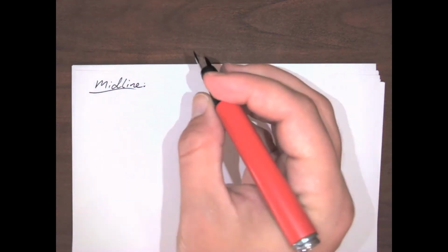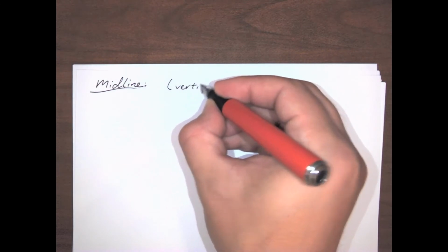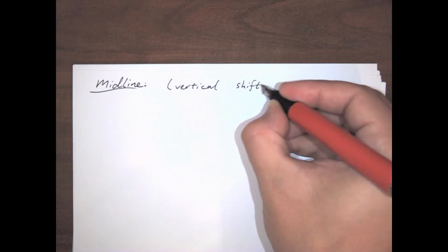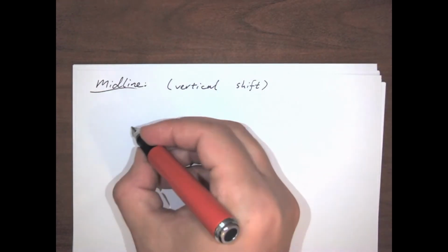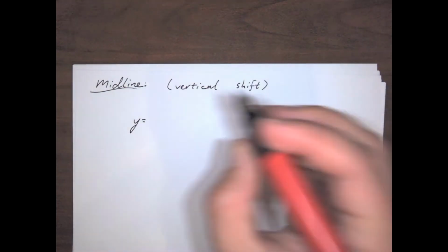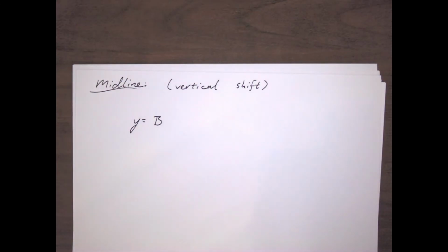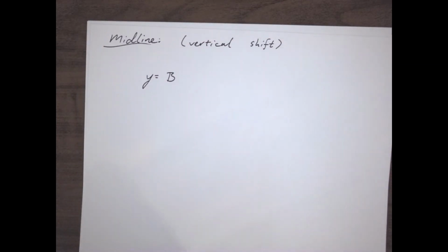So the midline comes from a vertical shift. And the midline will be at y equals b, the vertical shift. So this is going to be shifting up from a default value of 0 up into some other value.